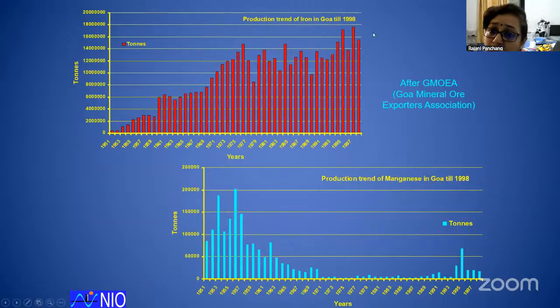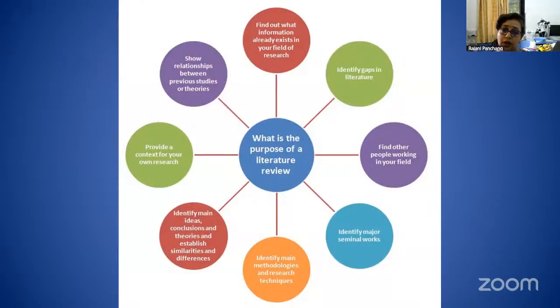So this explained that because there is an increase in iron ore production, there is a reduced foraminiferal number, because more turbidity, more pollution, more sand, silt, clay, and dust is entering the water bodies in North Goa, whereas it has reduced in South Goa.